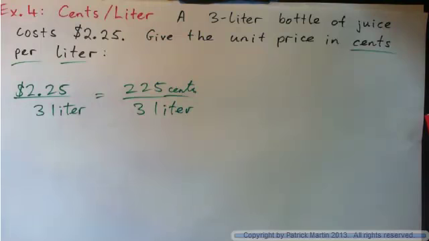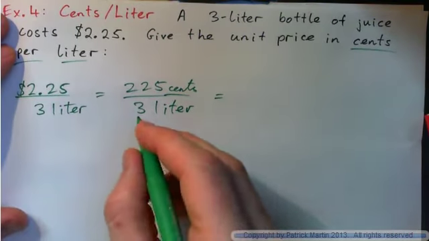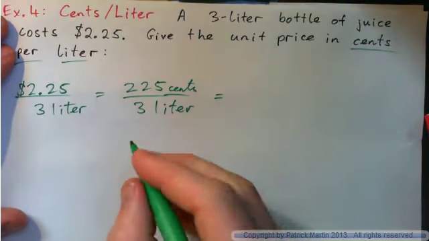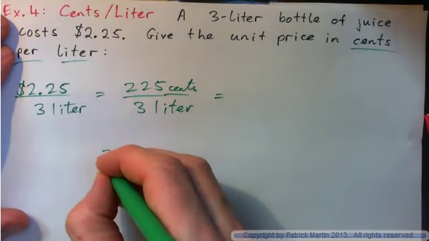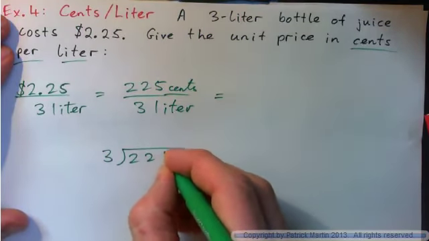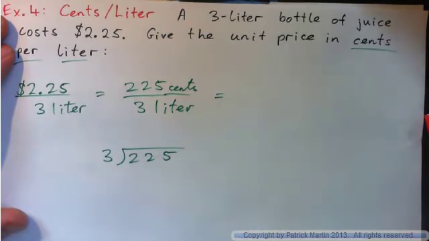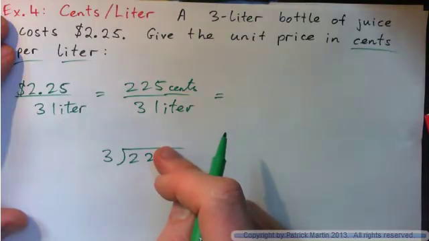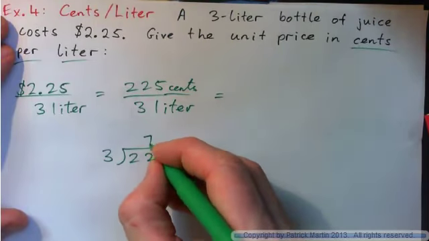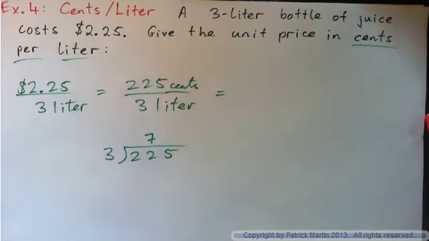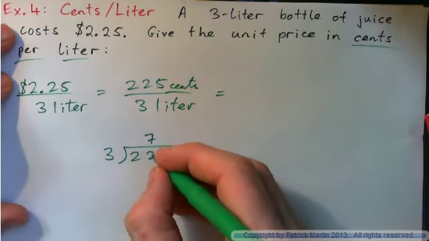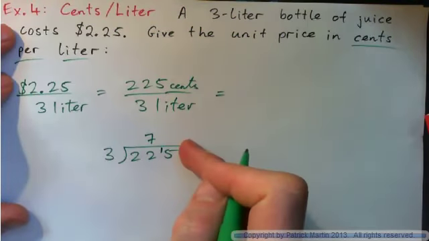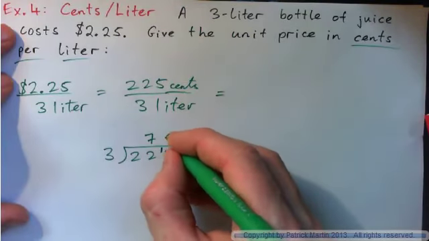So in any case, I guess we could just do long division and see what we end up with. So 3 into 225. 3 into 22, 7 times, remainder 1. 3 into 15, 5 times.